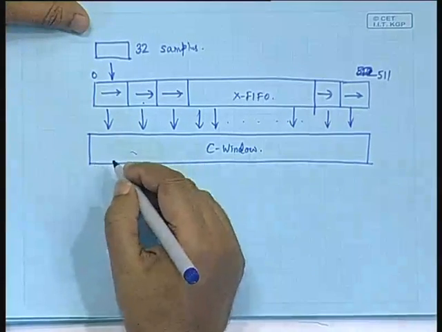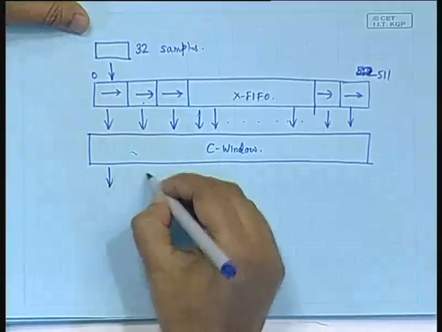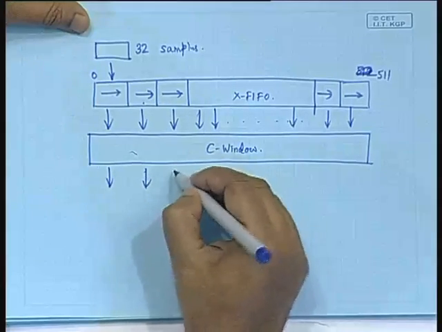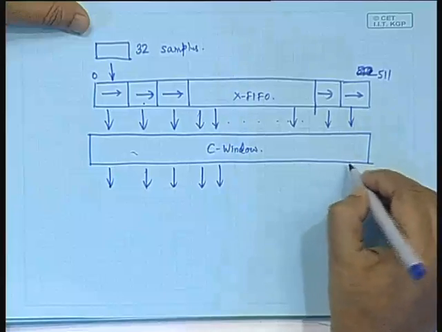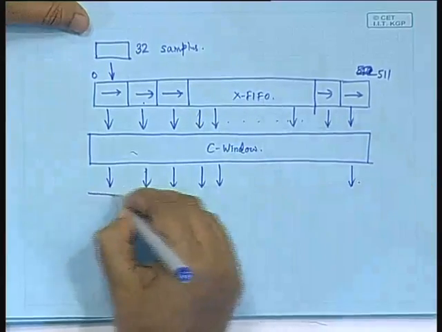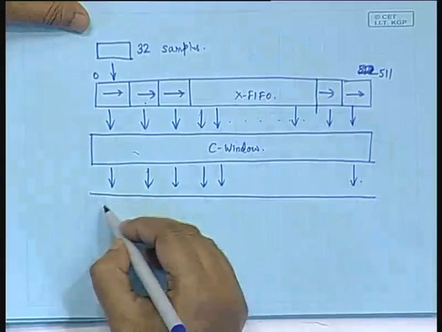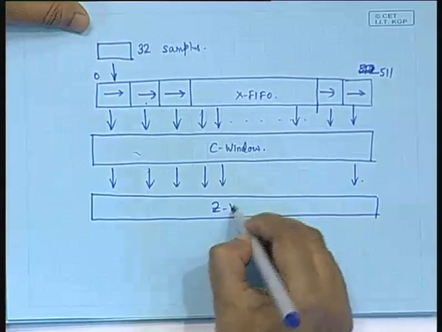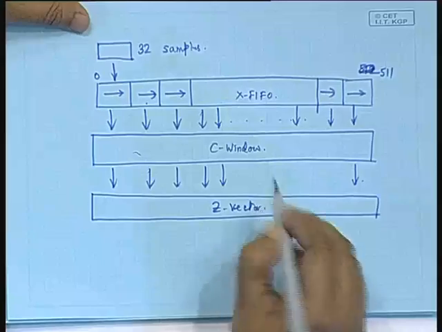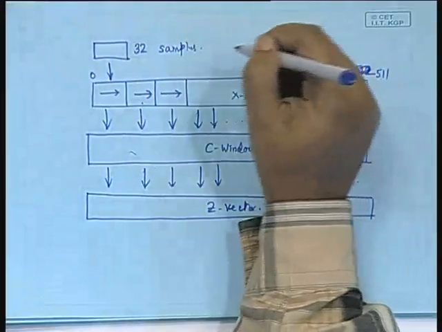So, what we do is that these windowed outputs are collected in a buffer which we call the Z vector. Now, what is the basic idea? The basic idea will be that we are feeding 32 samples at the input, and we should also have 32 subband samples at the output.